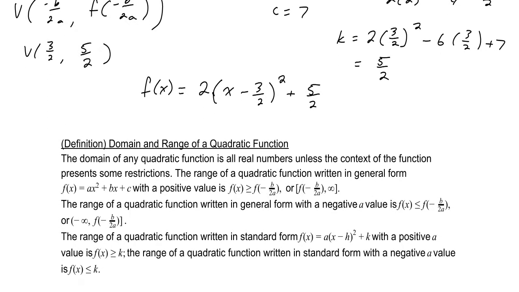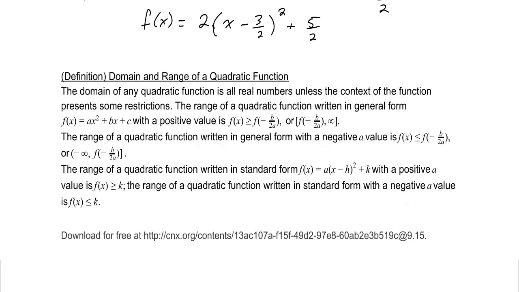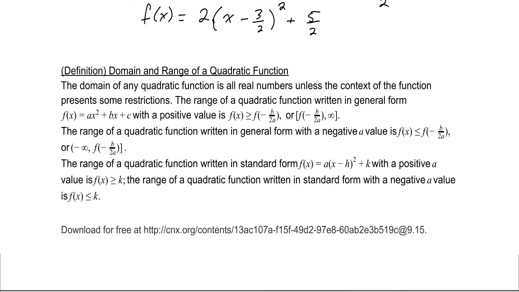All right. Now, the next thing we have is the domain and range of a quadratic function. The domain of any quadratic function is all real numbers, negative infinity to positive infinity as an interval, unless the context presents some restrictions. We'll run into some word problems where having negative time or negative something doesn't make any sense, so we might restrict it down to a smaller interval.